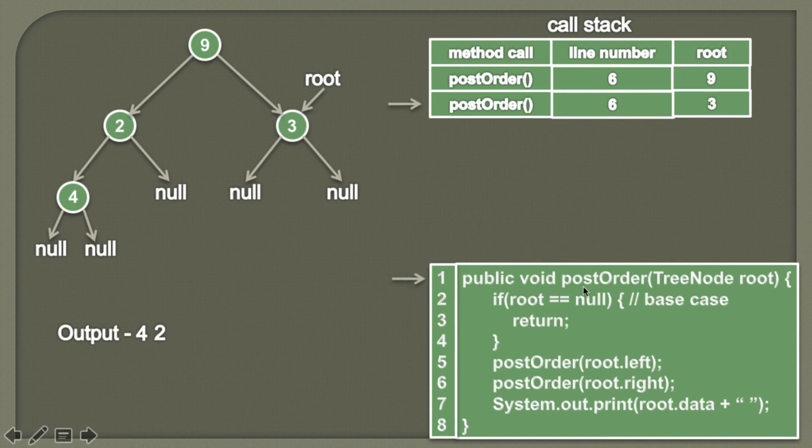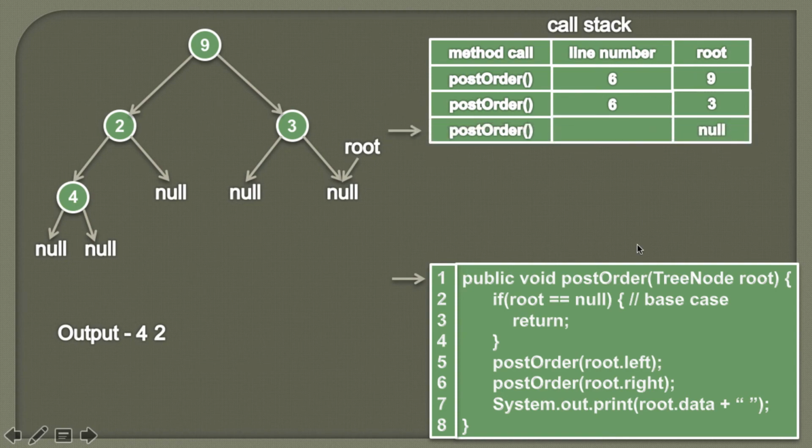So now point of execution will start the execution of this new post order method with the root as null. So root is pointing to node 3. Now it will point to null. And we also know that there will be one more method on the call stack with the root as null. So let's start the execution of this post order method with the root as null.